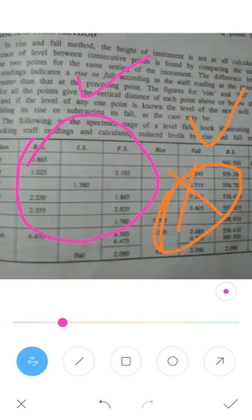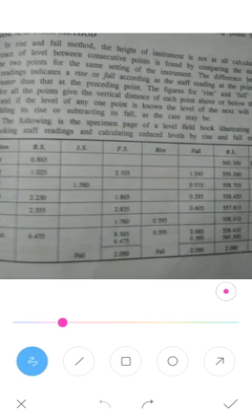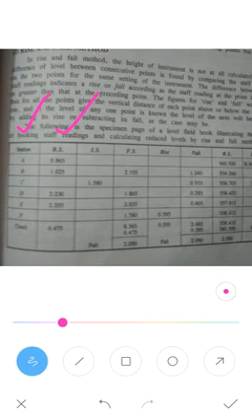So what is this rise and fall, and how do you take the reading? I will tell you in the simplest way in the summary. First, in this method, write the station, backside, intermediate side, and foresight. These four columns are common to either the HI method or the rise and fall method.